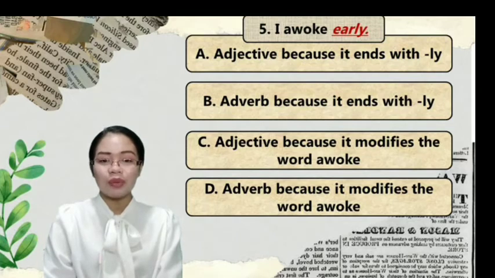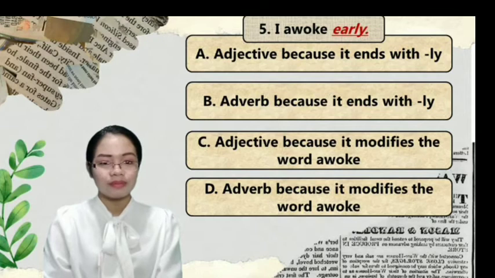So the word early, what is the function of this word? Again, letter A, adjective, because it ends with ly. Again, take note that not all words that end with ly are adjectives. Meanwhile, adverb, because it ends with ly. Again, not all words that end with ly are adverbs.